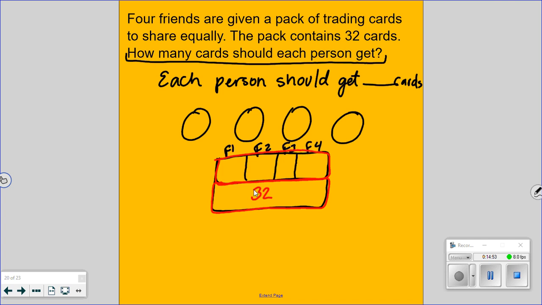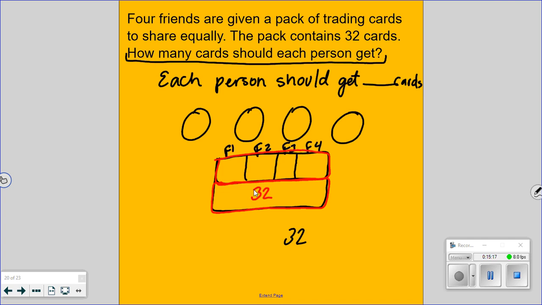Spell it. 32 divided. Can we use one of those versions of English so I know what divided really means? Divided into. So I don't want to use divided because I don't really know what that means. But I can use this language to help me.